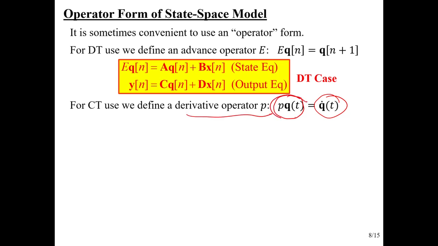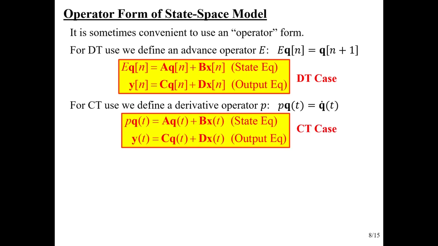So P operating on Q of t gives us the derivative of that. We could just think of that as d/dt, but it's just a simplified notation. We just think of it as multiplying by this operator that hits it and creates the derivative. So that's kind of interesting.